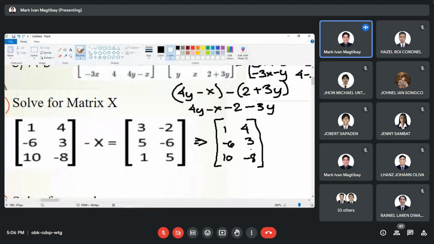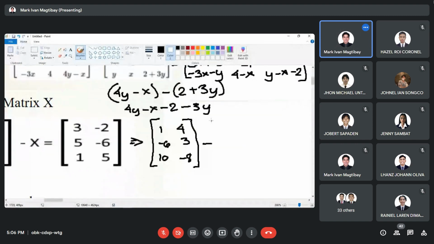And then we moved the answer here. So minus 3, -2, 5, -6, 1, and 5 po. Okay? It should equate to our matrix X.